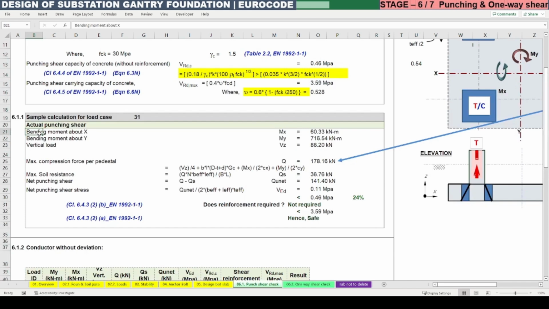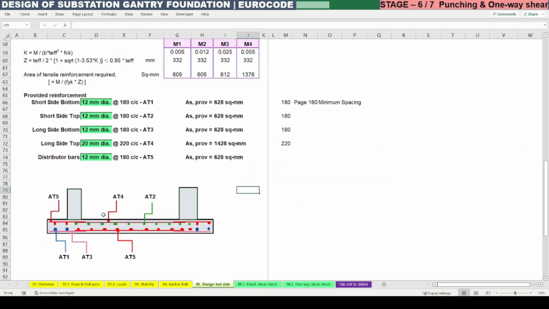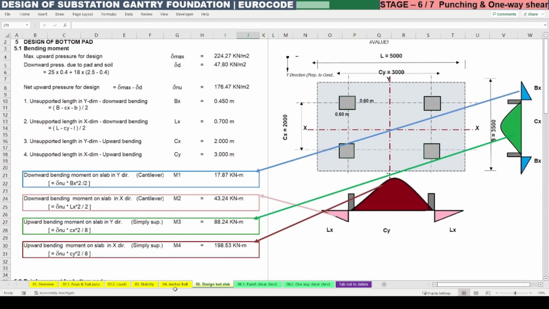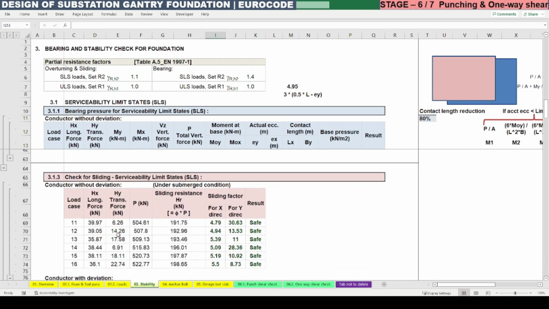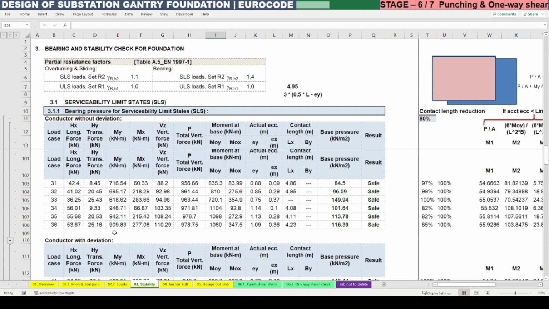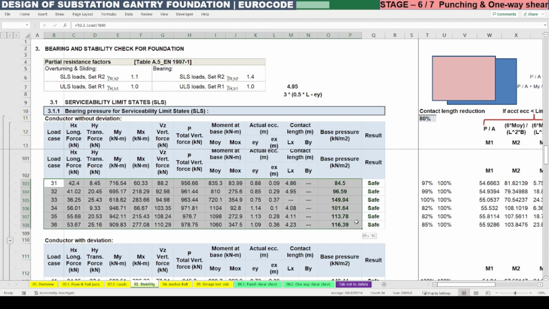shear calculation. So the bending moment for that load case is taken from the VLOOKUP of the stability calculation. So these are the tables we have considered.